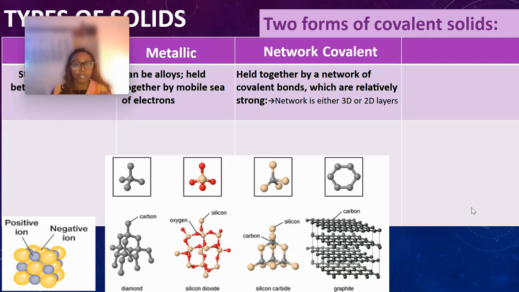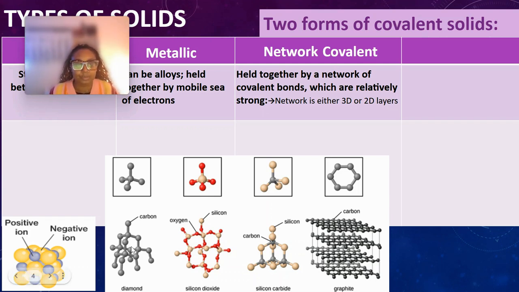These are covalent bonds, right? Covalent bonds mean a nonmetal bonded with a nonmetal. And here's what's really important: network covalent solids are stronger than the other type of covalent solid we're going to look at.